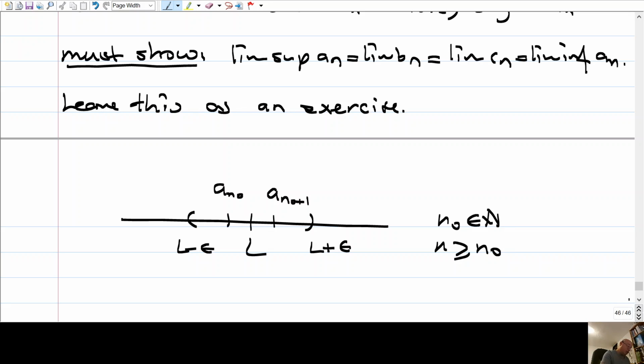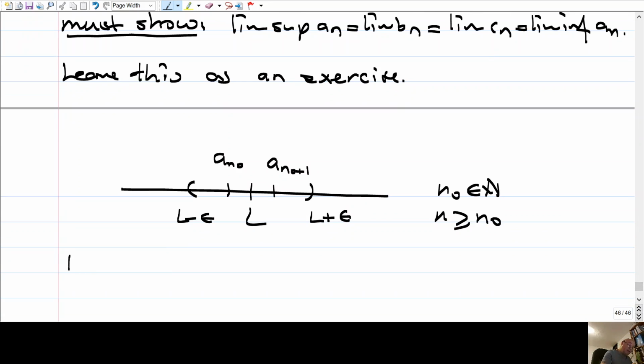In particular, what about, for example, Bn? Bn is the supremum of all these, but these are already between L minus epsilon and L plus epsilon. So the supremum Bn0 will be in this interval.